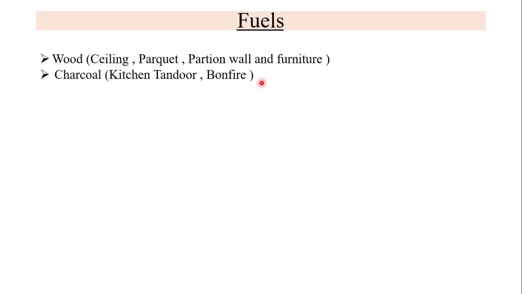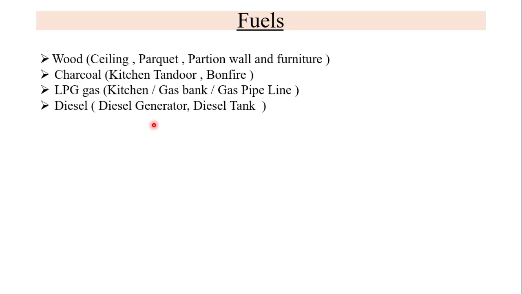Here, as you can see, this is the bonfire, this is charcoal, and another is furniture and gas, then diesel for the DG, and this is cooking oil grease. So these are the fuels, and we have already discussed the heat sources.